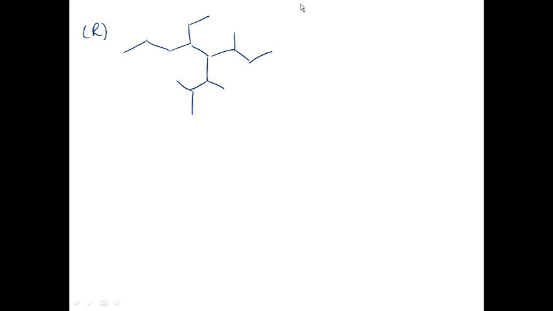Okay, let's see if we can find the correct longest chain in this molecule. So what do I have? I've got a 1, 2, 3, 4, 5, 6, 7, 8 carbon chain, and another 1, 2, 3, 4, 5, 6, 7, 8 carbon chain. So here are my two 8 carbon chains.